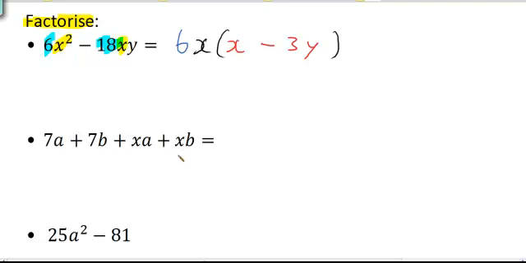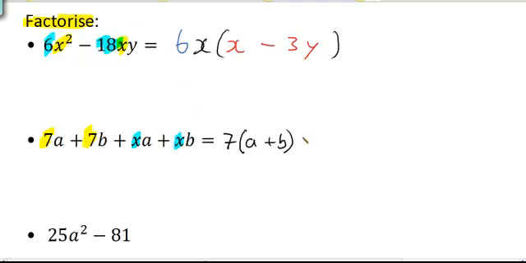Next one here is very similar. We're taking out what's common, but we're going to do it in 2 steps. First thing, we look at these two. We have a 7 there and a 7 there. So I can take 7 out of that, and I have a plus b. The next bit, I've got an ax there and an x there.